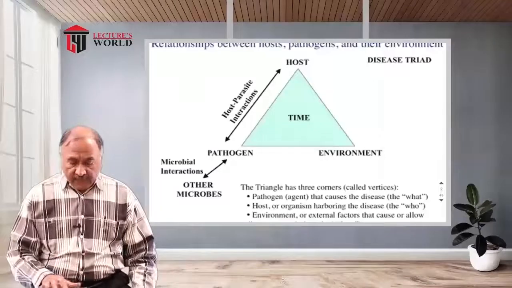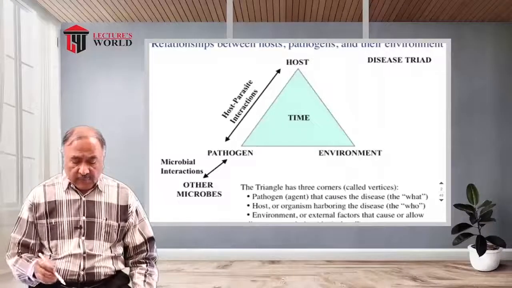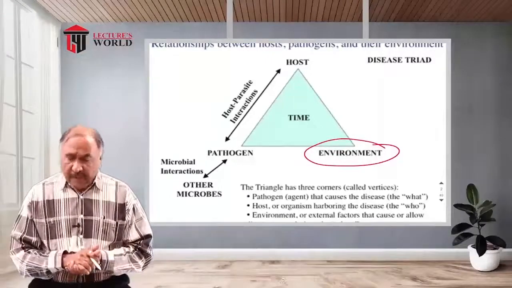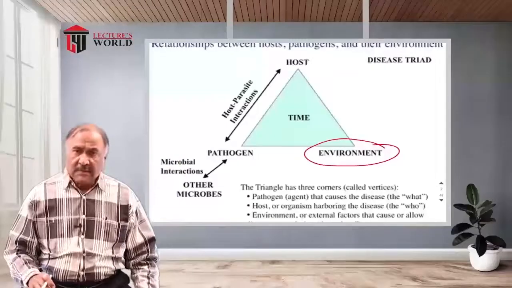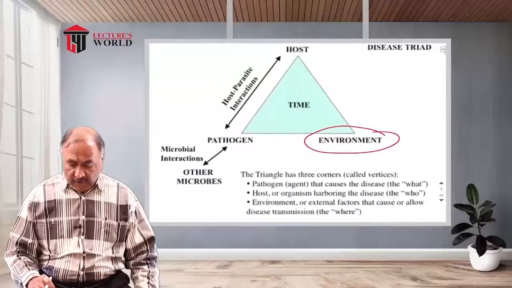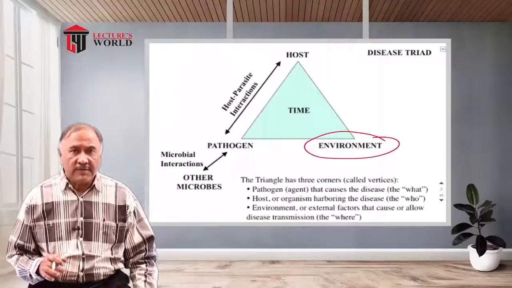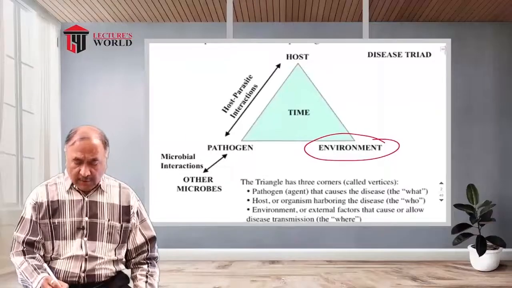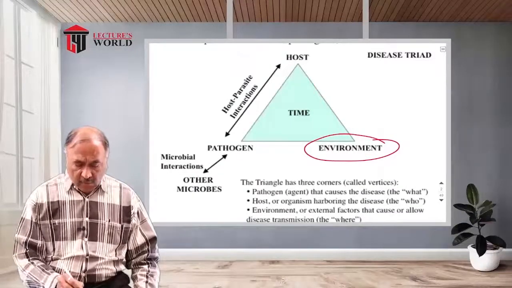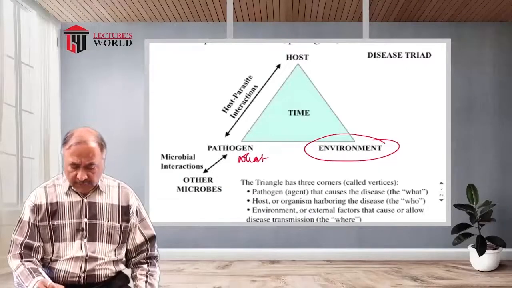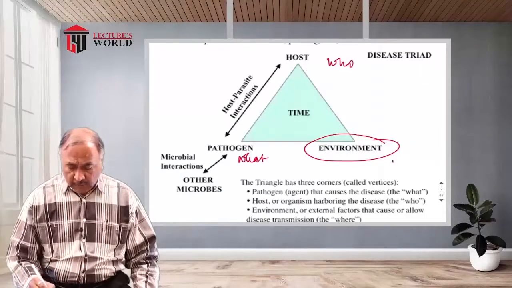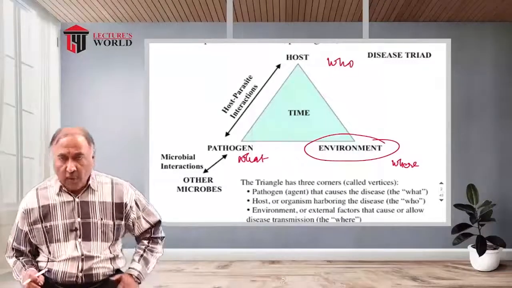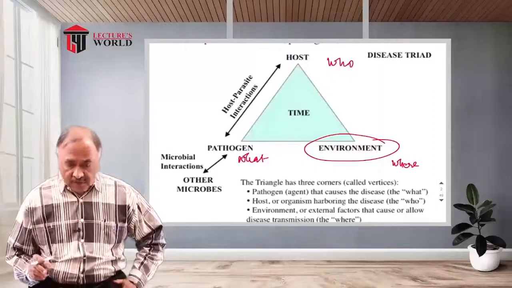The next is the environment. Environment means either the surroundings or certain other factors which cause or allow the disease transmission. And that is what we call a where. So this is the what, this is the who, and this is the where. This makes the 3 corners of a triangle.